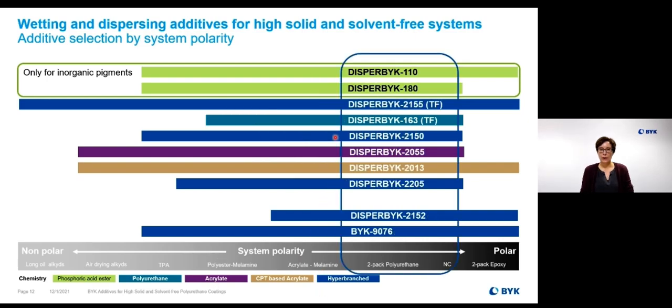When you want to find the right additive for your 2KPU system, you can work with all these products which are good for 2-PEC PU systems. Here, the Disperbyk 110, for example, or 180 for mainly inorganic ones. The Disperbyk 2155, you see it is very broadly compatible in a wide range of resin systems, or one of the 160 family, or the solid one, the Disperbyk 2205. That helps you for the right choice.